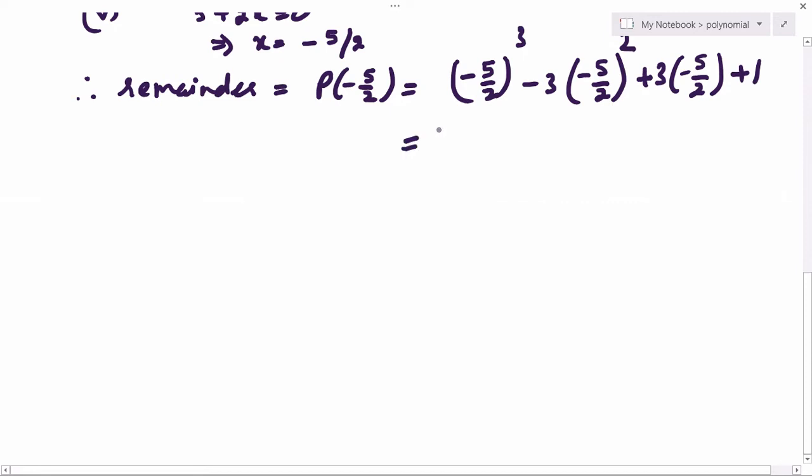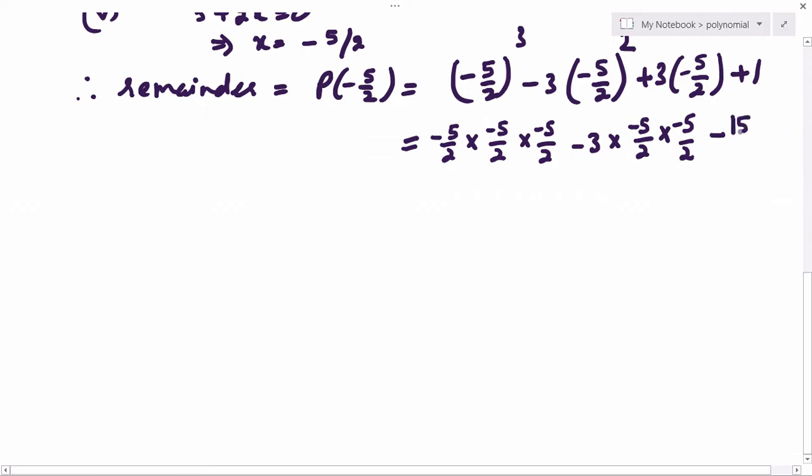Okay, let us simplify it. Minus 5 by 2 you have to multiply 3 times, so it is minus 5 by 2, minus 5 by 2 and minus 5 by 2, right? Then minus 3 and again you are multiplying this by minus 5 by 2, 2 times. And then 3 you are multiplying by this. So I am directly multiplying 3 by minus 5, which is minus 15 by 2, plus 1.